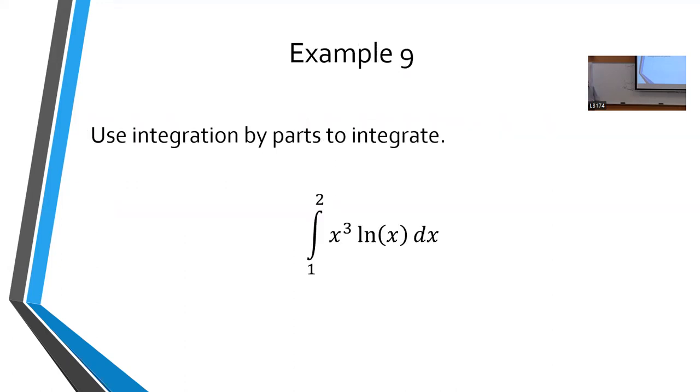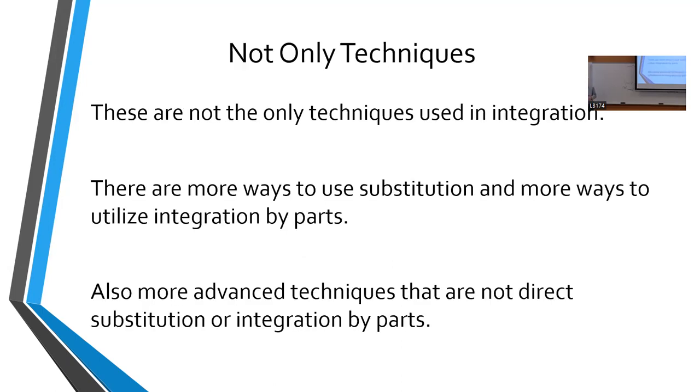I'm not doing that right now, but you can. Then after you're done with that, evaluate when you plug in 1, evaluate when you plug in 2. We've also seen how to do these definite integrals using our calculators. And so we can apply that as well.